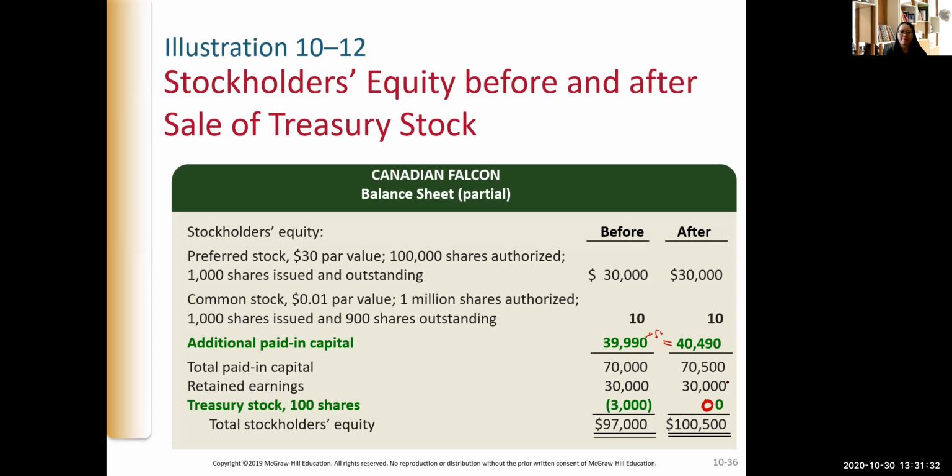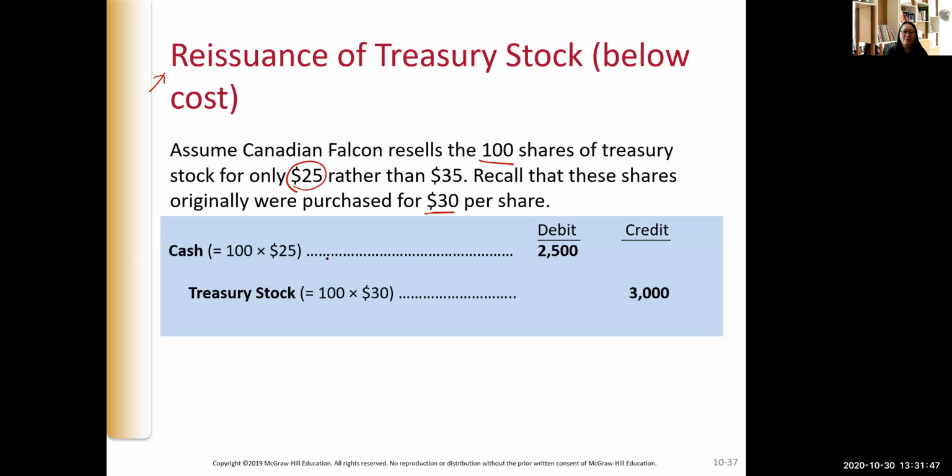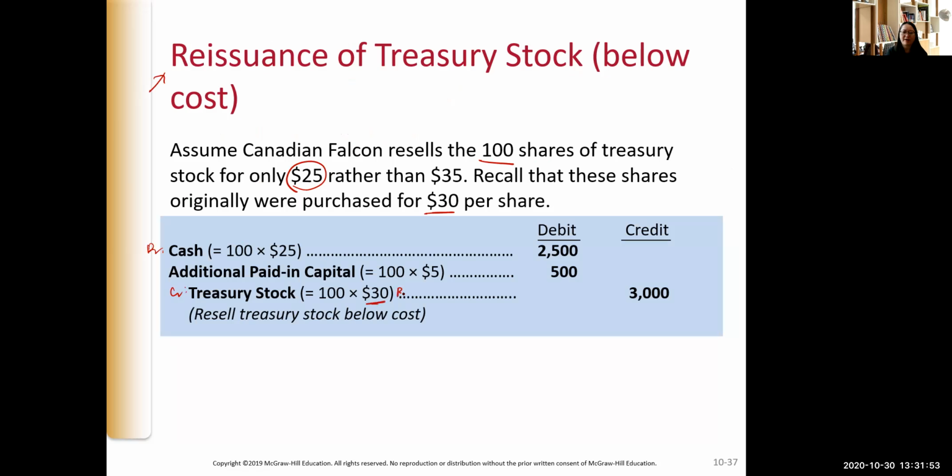So what if we reissue the treasury stock below the cost, such as Falcon reselling the 100 shares of treasury stock at only $25 rather than $30? We still debit cash and credit treasury stock at $30 because that is the buyback price.